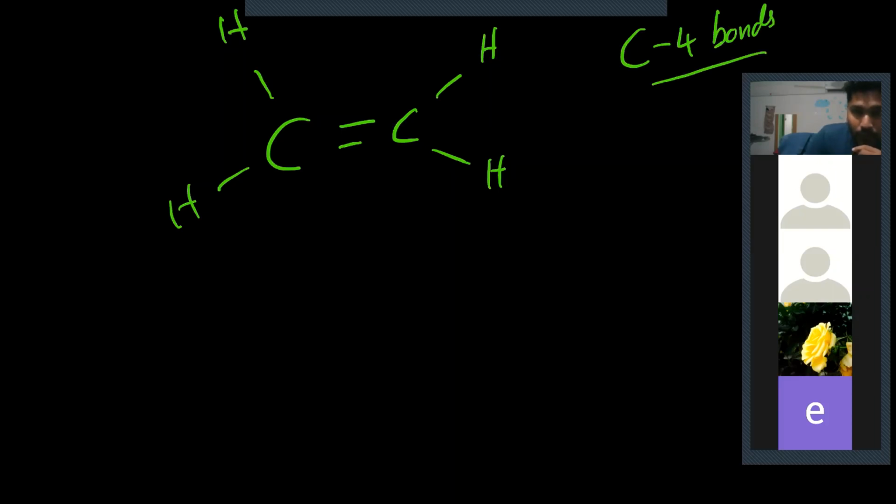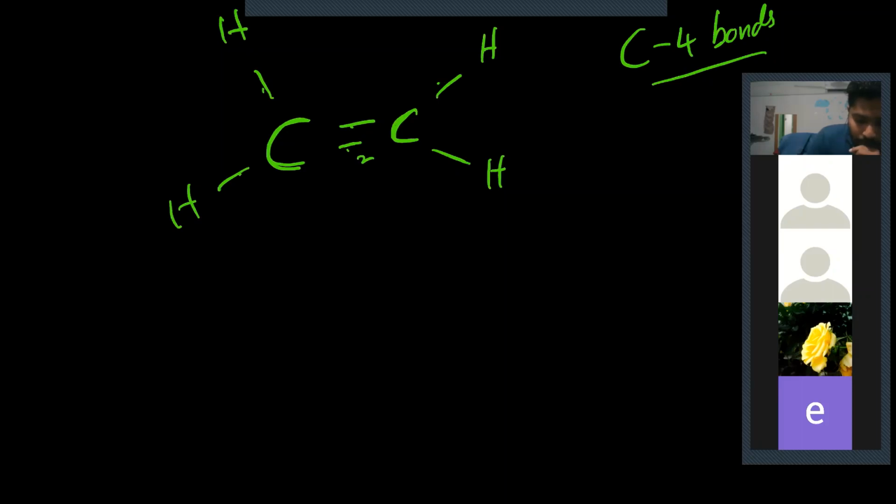Each carbon should have maximum and minimum 4 bonds. So if you look at this ethene molecule, right now each carbon is having 4 bonds, right? For the first carbon you have 1, 2, 3, 4, and the second carbon, 1, 2, 3, 4 bonds. So fine, all the bonds are there, right?